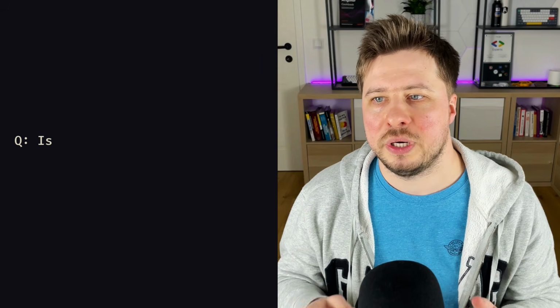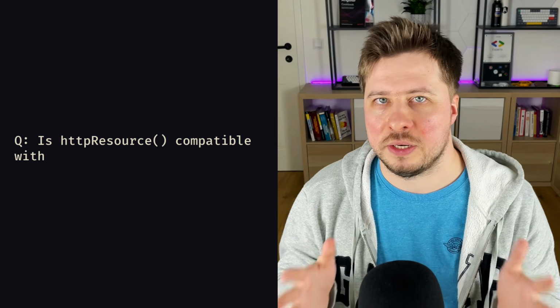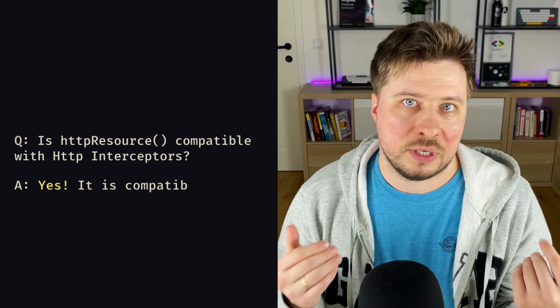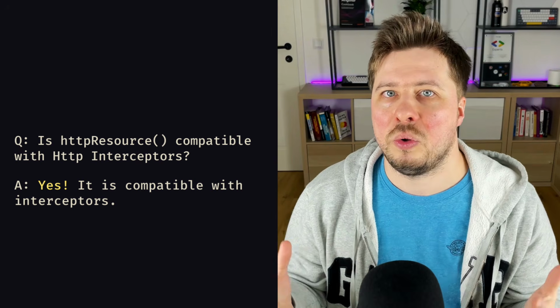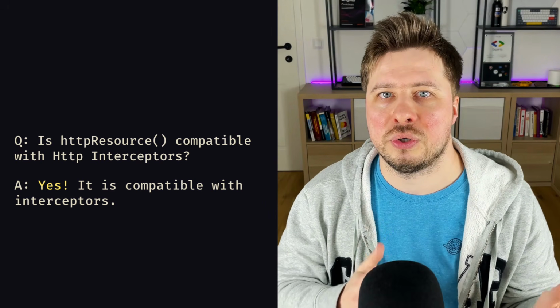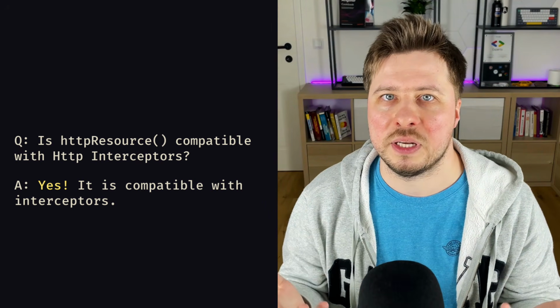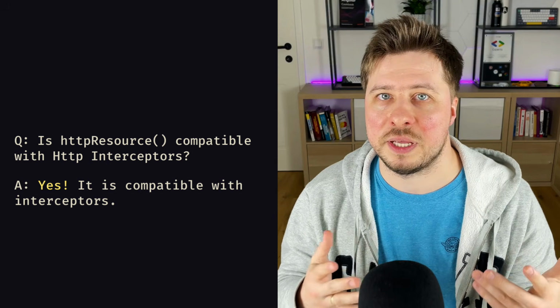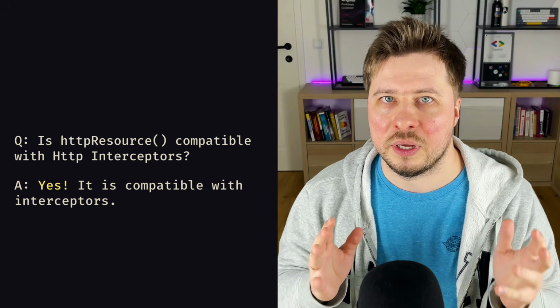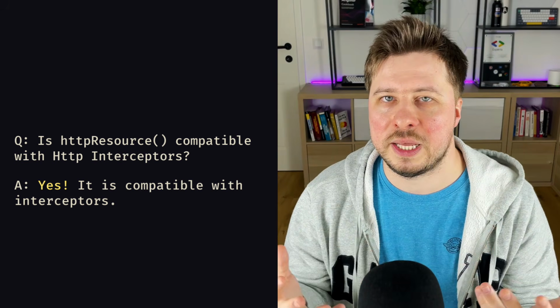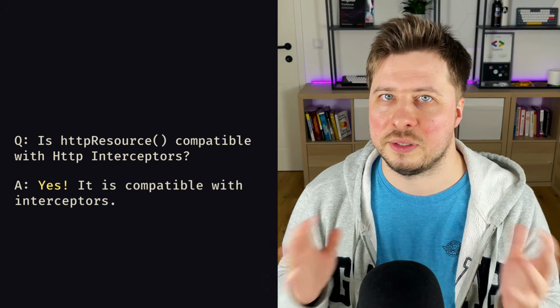The next question is if it works with the interceptors. Yes, because HTTP resource uses HTTP client under the hood, all the HTTP client features are working perfectly with HTTP resource. It means that interceptors will be working, the tools for unit testing HTTP calls, and things like that.